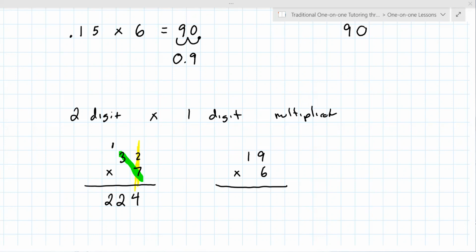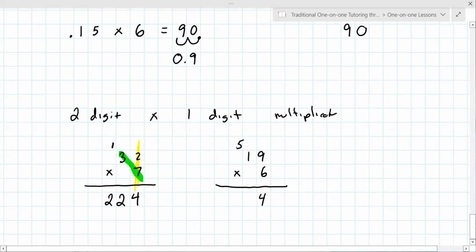Can you help me with this one? Sure. What is 9 times 6? 54. So it's 4, and then you put a carry of 5. And then you do 6 times 1 and add the 5. 6 times 1, it's 6. Plus the 5 is 11. Right, so it's 6 times 1 plus the 5. Okay, so we'll do a few more of these.